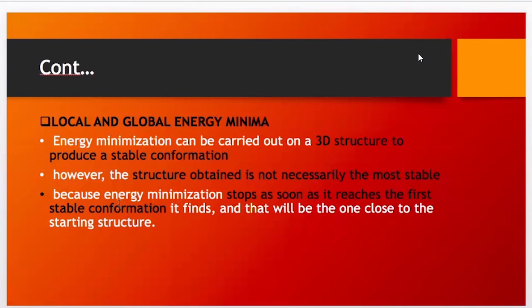Why are you applying that? Because you want your 3D structure to occupy a stable conformation. But there's something interesting: with energy minimization, you are not assured to obtain the most stable conformation of your compound.